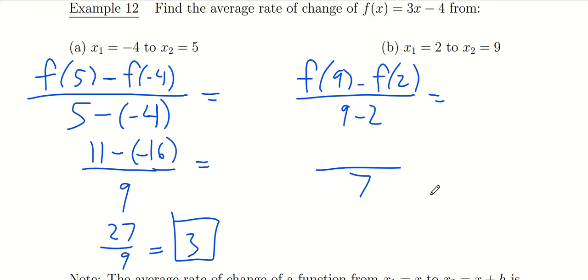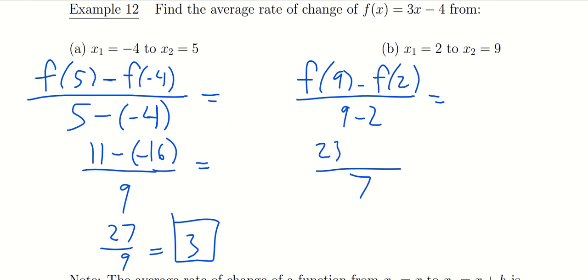So we have 23 minus 2. That's going to be 21 over 7. And 21 over 7 equals 3. So we get an average rate of change of this function of 3.